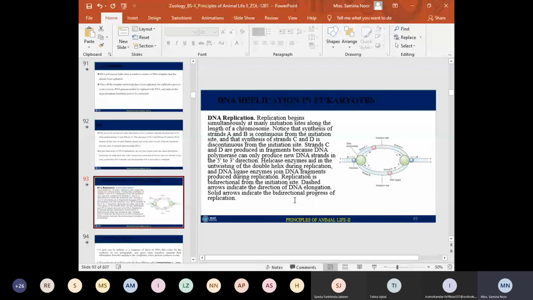An overview of the enzymes involved in replication: the first is helicase, which is involved in the unwinding of the DNA molecule. Then DNA polymerase is responsible for the elongation of the DNA strand, the addition of complementary nucleotides to the already existing polynucleotide chain. Then primase is involved in the synthesis of the primer, which is a short nucleotide sequence.